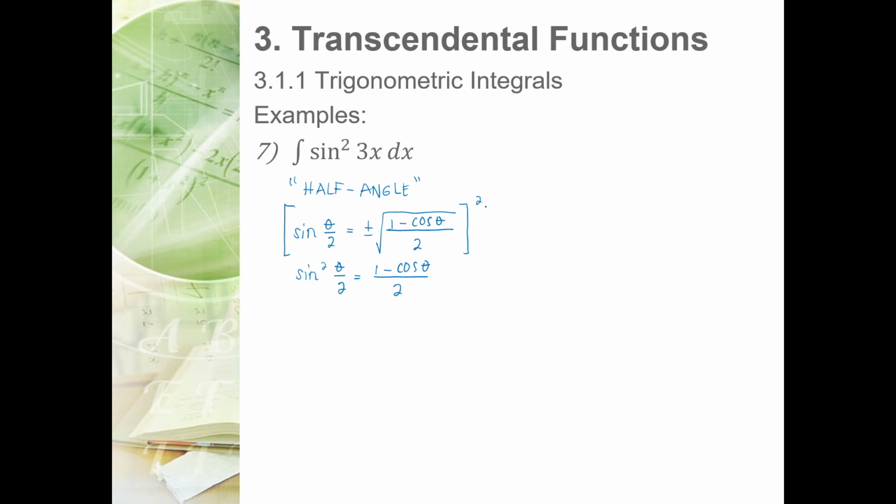The squared function is only applicable to the whole function of sine, not to each of the parts of the sine function. You might think that it should be sine squared theta squared over 4, but that's not correct because theta over 2 is the angle of your sine function. You square the function, not the different parts of the function.